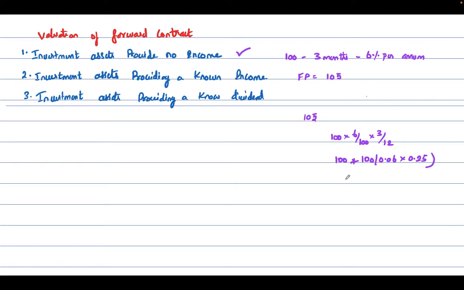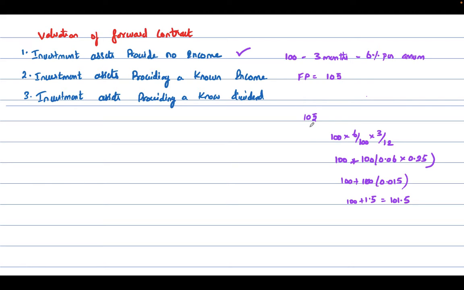So 100 plus 100 into 0.015, you get 1.5. So this is 101.5. So the total amount, the terminal value which you are going to pay for the money which you borrowed, is 101.5.